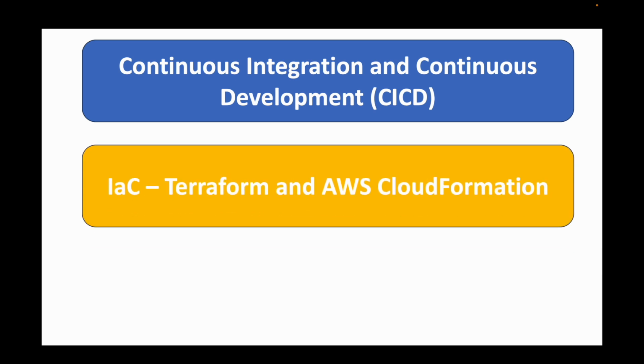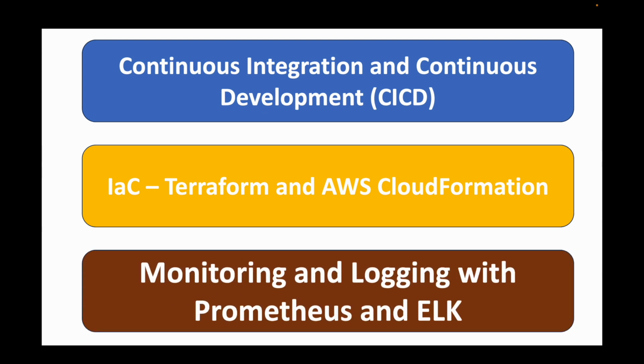Then you set up your infrastructure using code, with tools like Terraform and AWS CloudFormation if you're on AWS. Then you set up monitoring and logging. Again, we have tools like Prometheus, ELK, Grafana, New Relic, and Datadog, which can be used to set up monitoring and logging capability for your application.